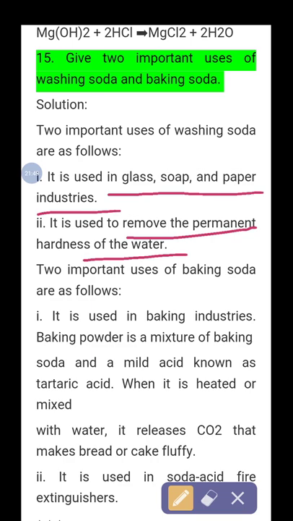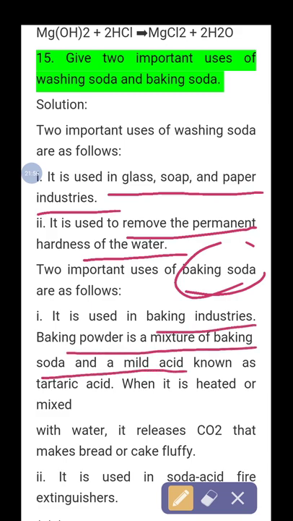The two important uses of baking soda, we generally use in our food also. In the baking industry, baking powder is a mixture of baking soda and a mild acid known as tartaric acid. When it is heated, mixed with water, it releases carbon dioxide and makes bread and cake puffy. We use this daily in our food, the bread and the cakes, which are made with the help of baking soda.